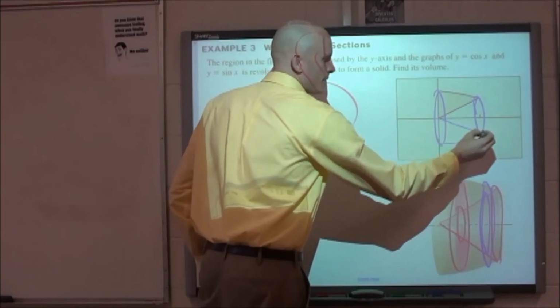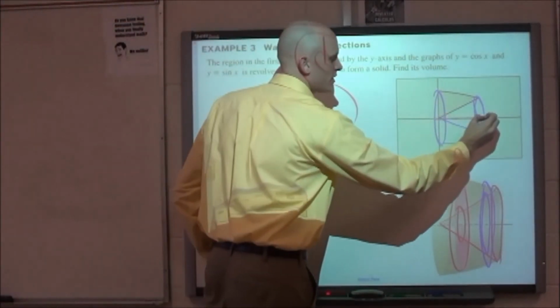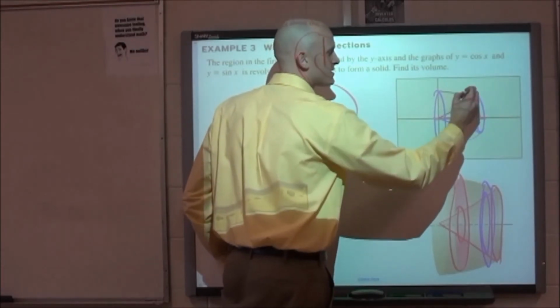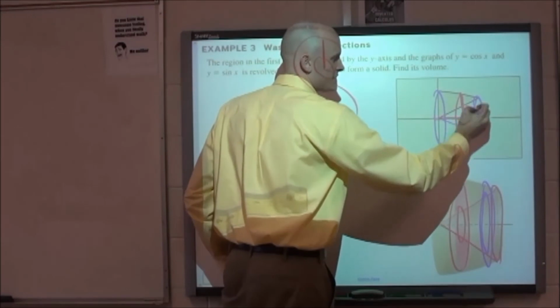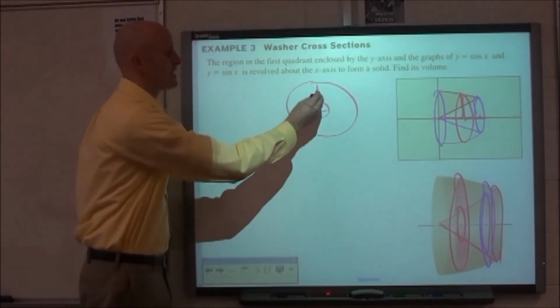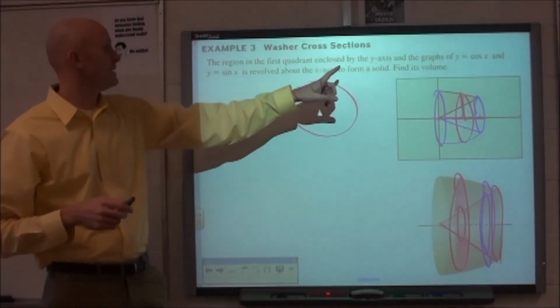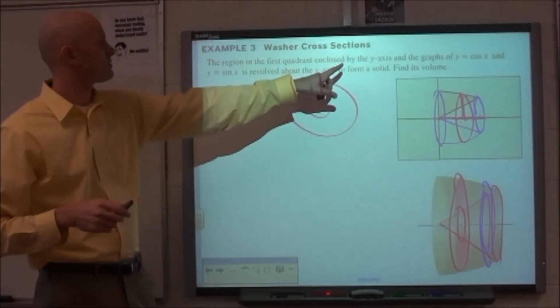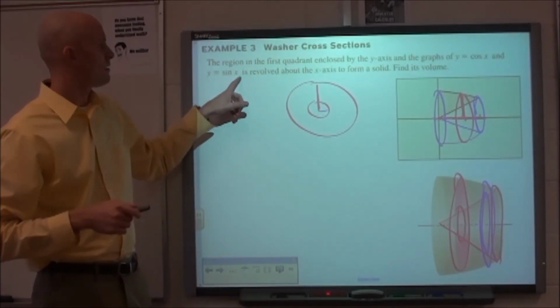In this shape, we can see that the outside function, if we rotate it around the x-axis, the radius of the outer disk, in terms of this disk here, is the height of the top curve, which we know is in the first quadrant, closed with the y-axis, cosine, sine.